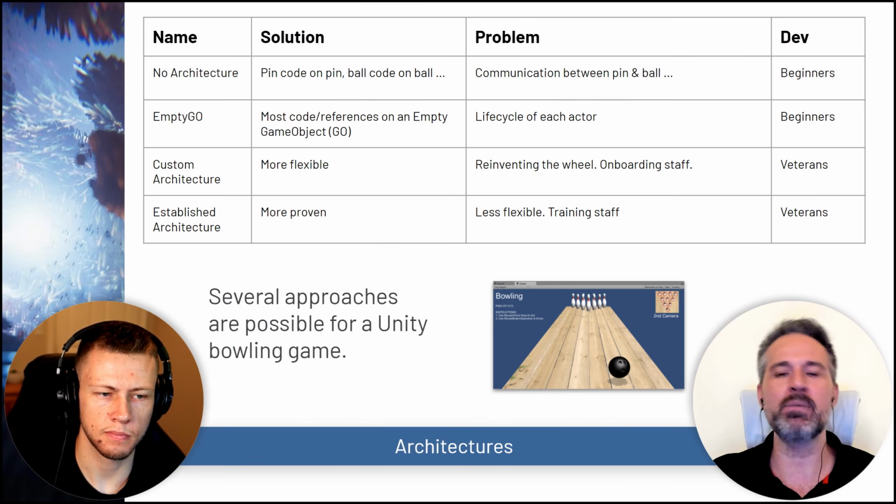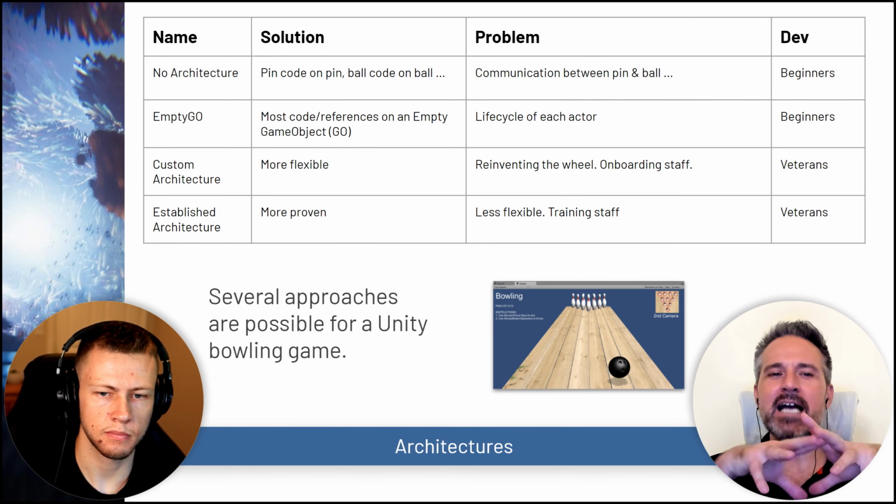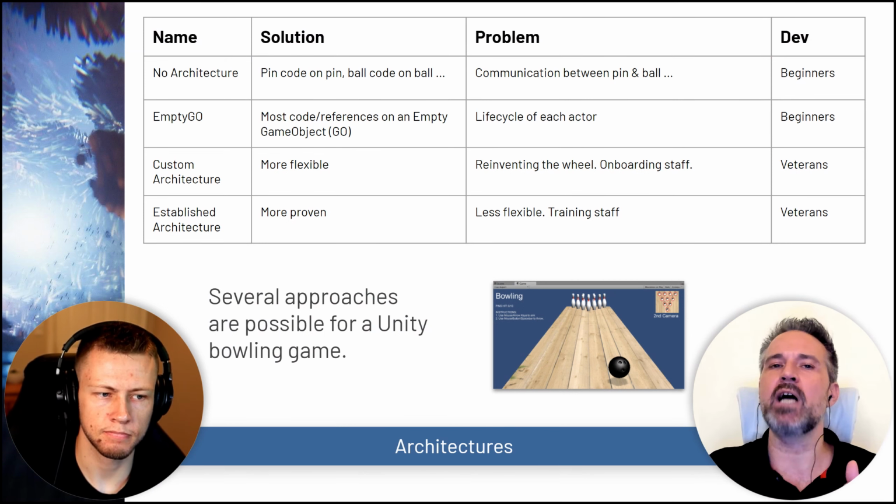Then I find game developers who've maybe done a simple project or two. The next idea is to have an empty game object sitting in the scene. And that one has the biggest MonoBehaviour and takes references to the bowling ball, pin and the floor, etc. It's the manager that sits separate from the visual elements and orchestrates things together.